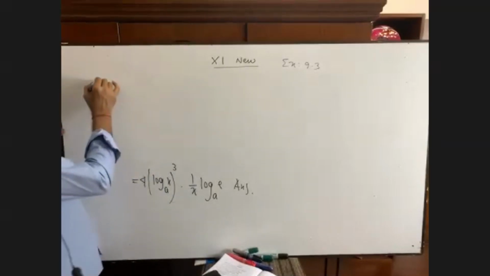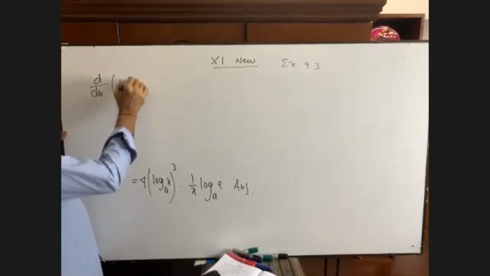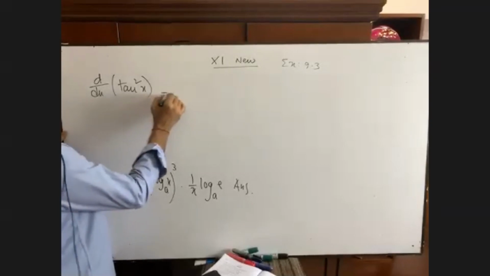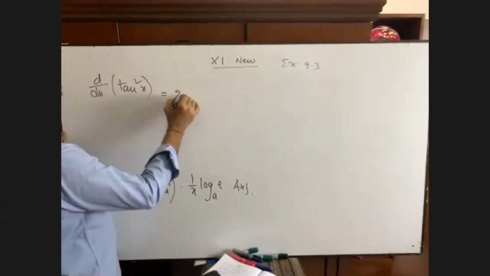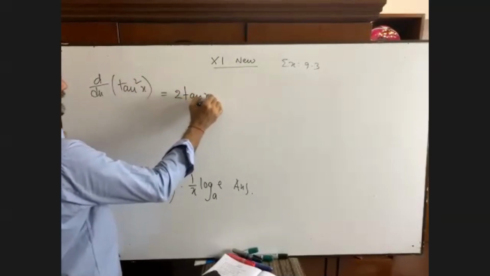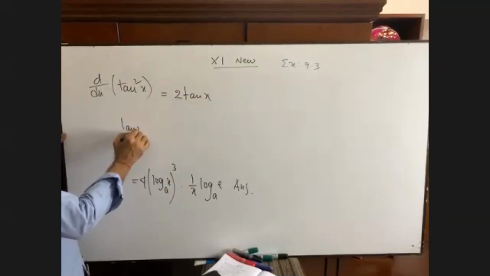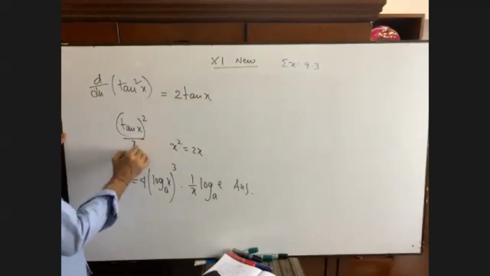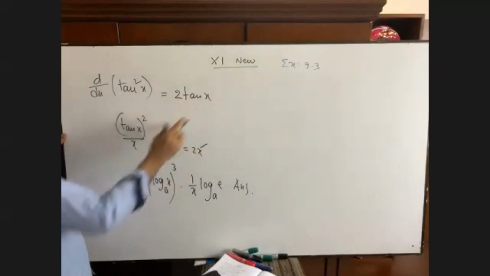Now tan square x. d by dx of tan square x. tan x square equals to what? Let me know. It is power. At first, you have to do the functioning on power. So it is 2 tan x. Talk to me. I mean, the math is given like this, tan x whole square. So you know x square is 2x. So you consider it as x. So it is 2 tan x.